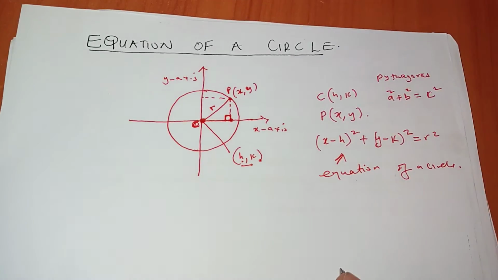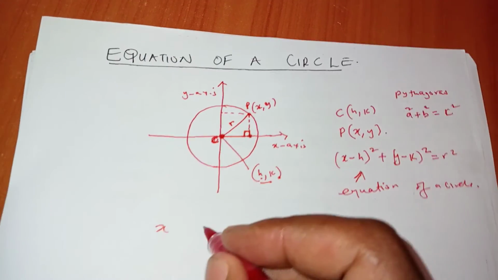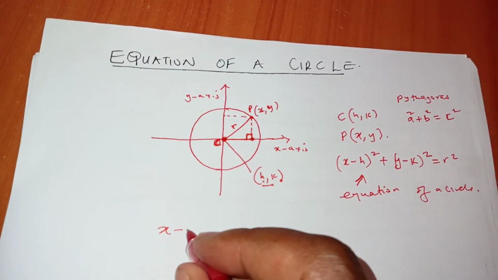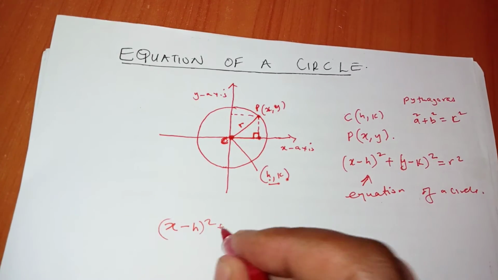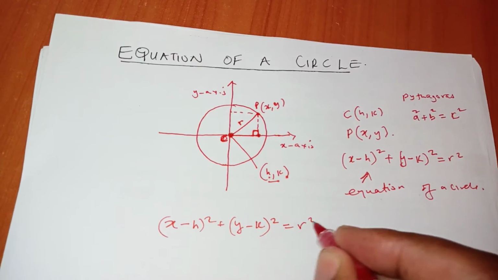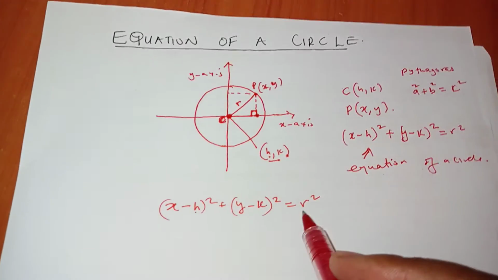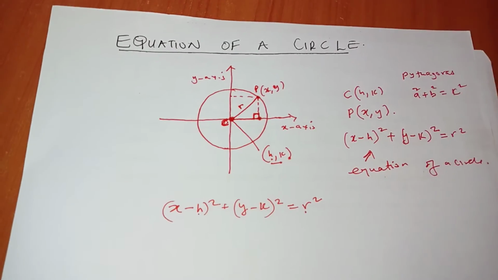Any circle will have an equation of this form, where h and k are the coordinates of the center and r is the radius of that circle.